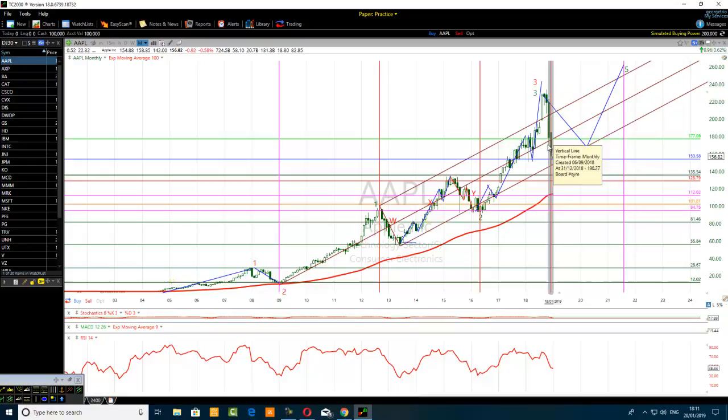And is this the fourth wave of a higher degree? Remember those two questions. It is the end of the third wave of a higher degree. It is also at the end of the fourth wave of a higher degree. But for now, I leave my wave count as it is, right there, and we will see.